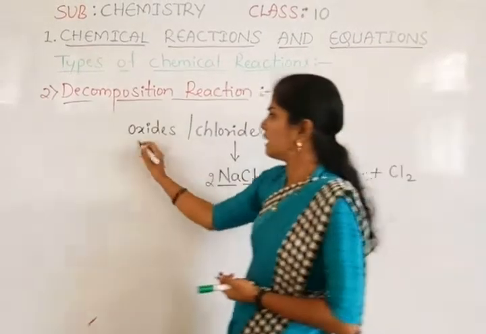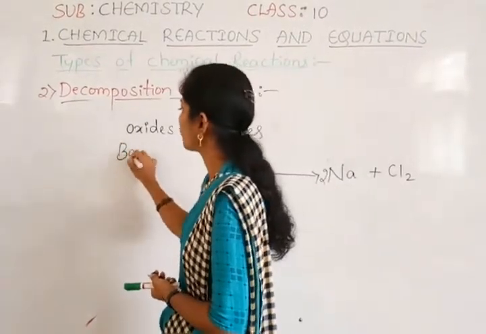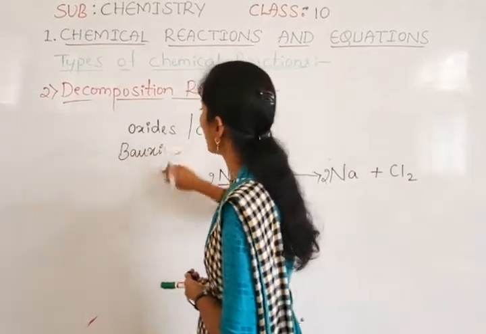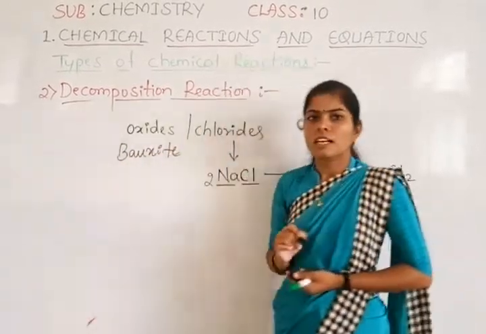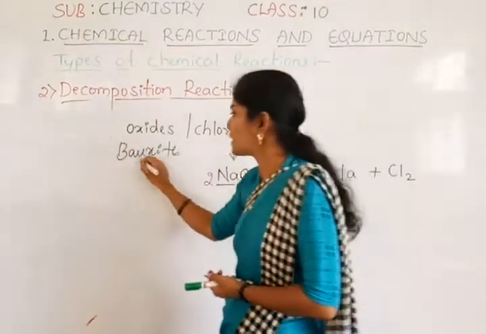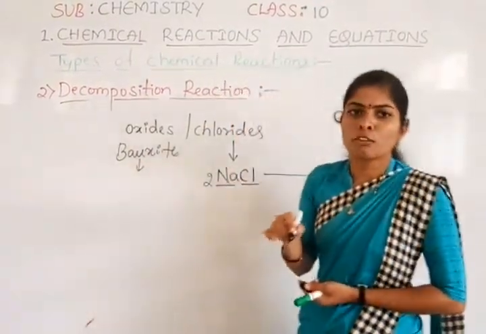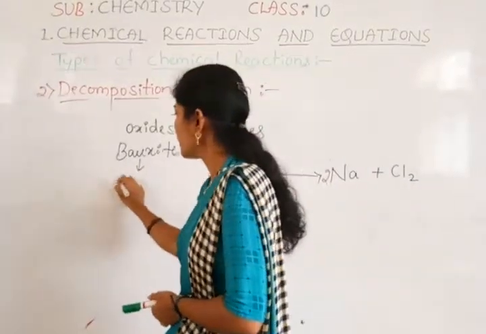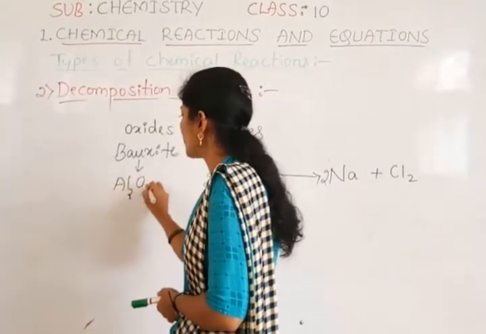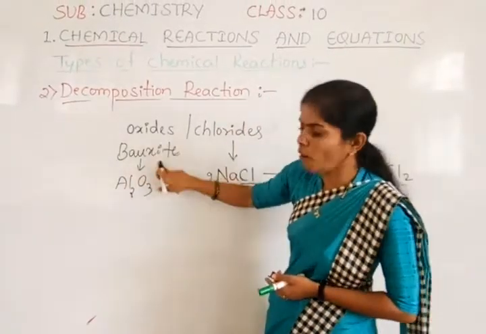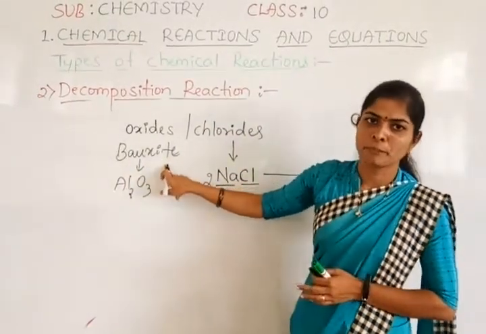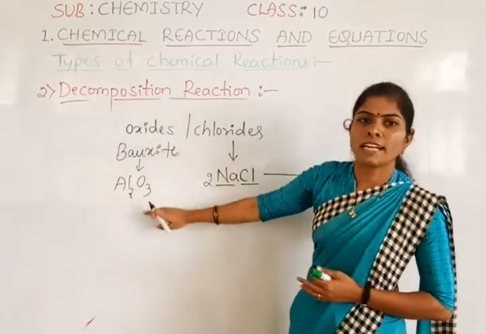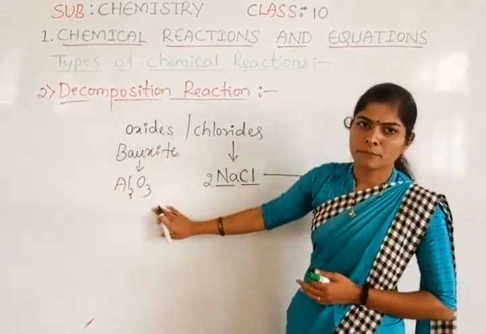We can take aluminium also. One of the major ores of aluminium is bauxite. This bauxite is first converted into alumina, which is the oxide of aluminium, Al2O3.